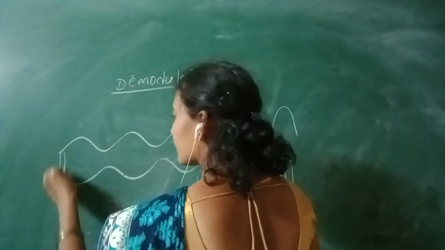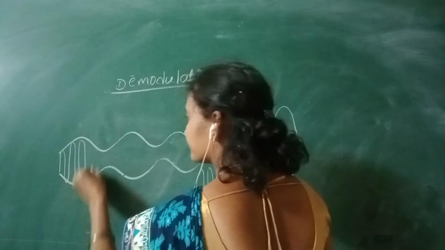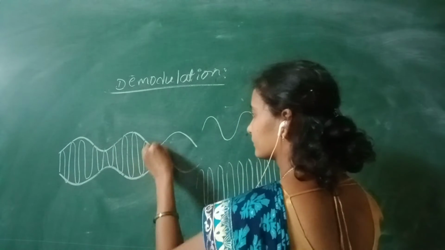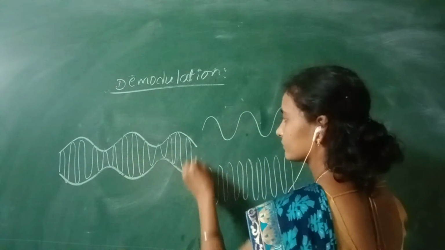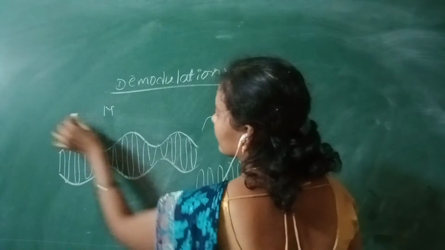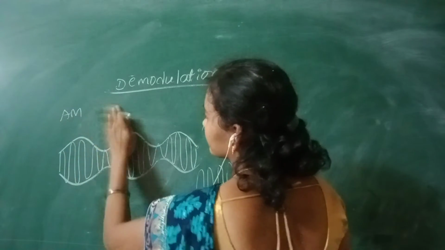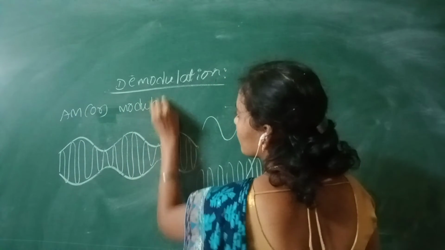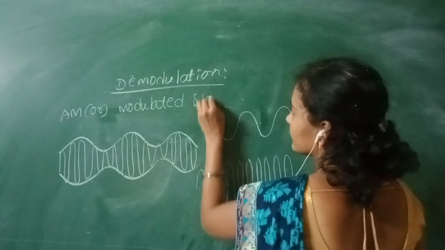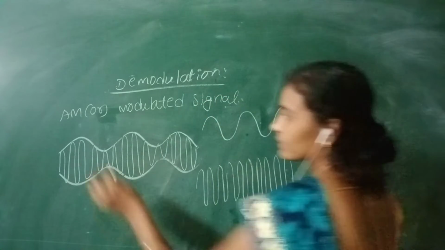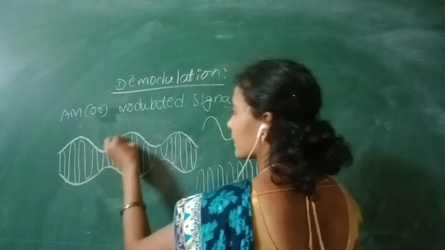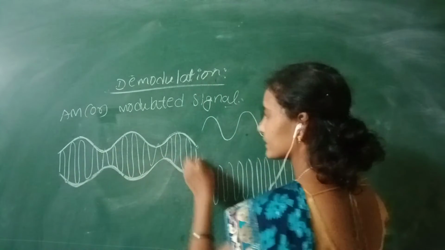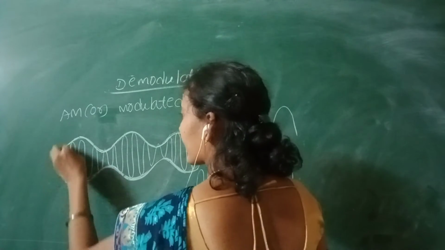This is the AM, amplitude modulated signal. The dark line is the message signal, and this is the carrier signal.